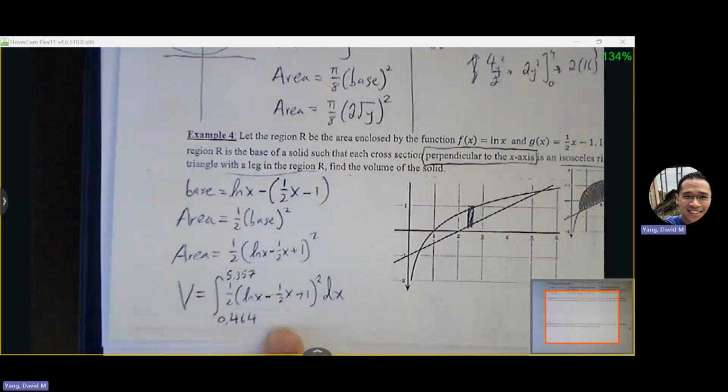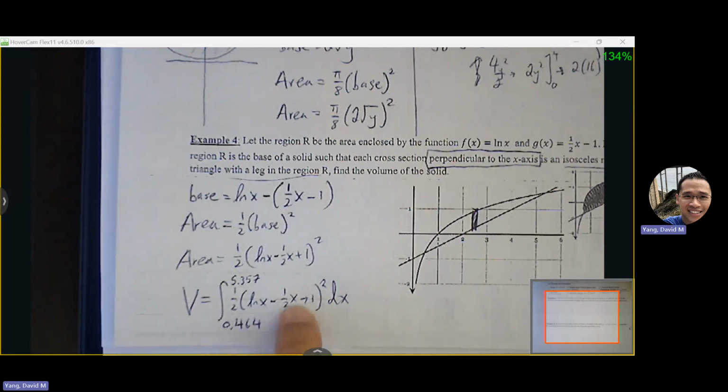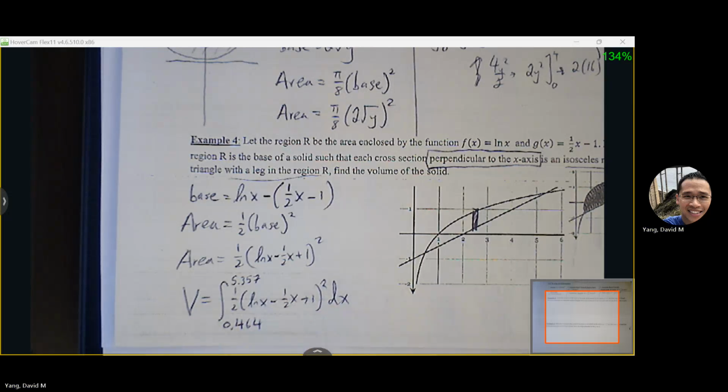And now you can enter this in your calculator, Math 9, or if you want your Y1 to hold your base length, you can. But practice plugging that in.